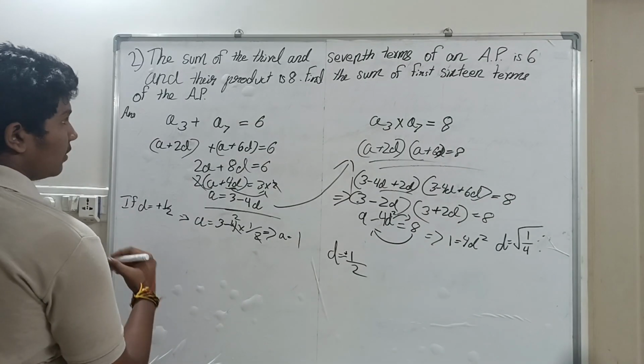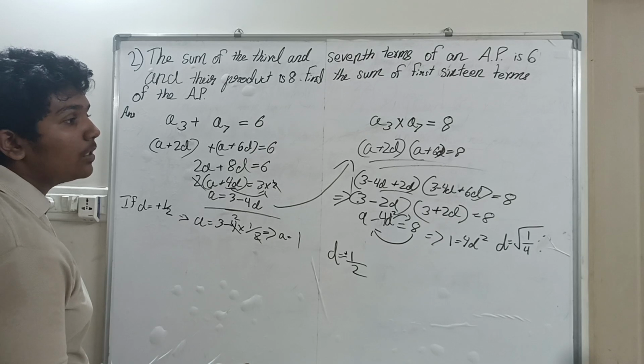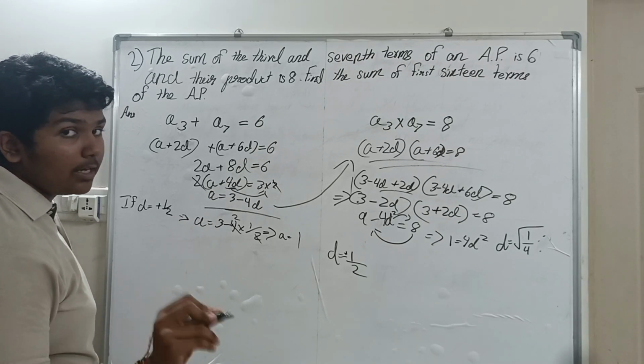So what did I tell you in the previous question? What is the formula for sum of the nth term in an AP?